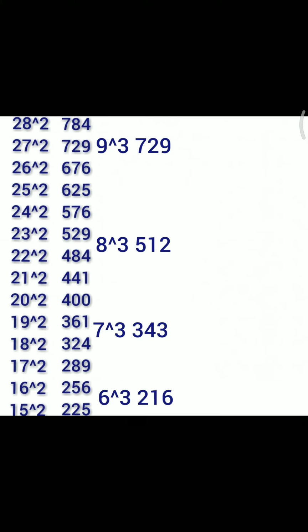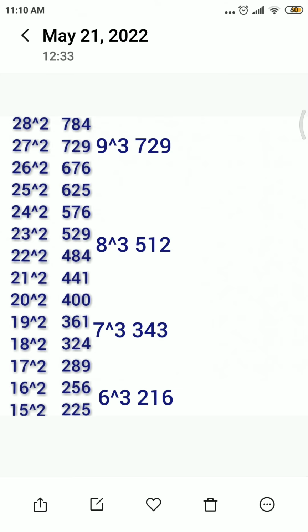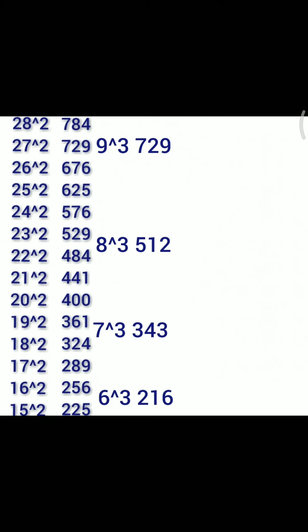From 6 cube to 9 cube, that is after Saturn, we have these many entities. Till where I listed only 28 squares. Why? There's a reason for that.